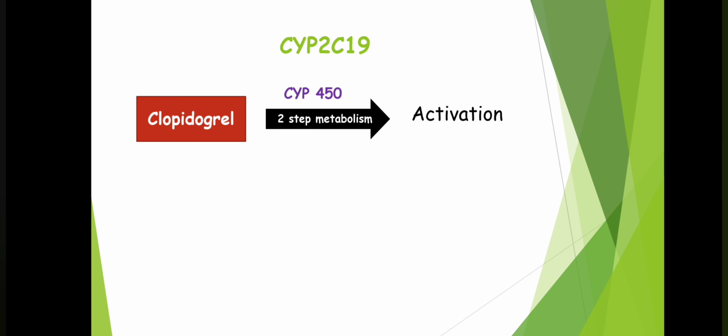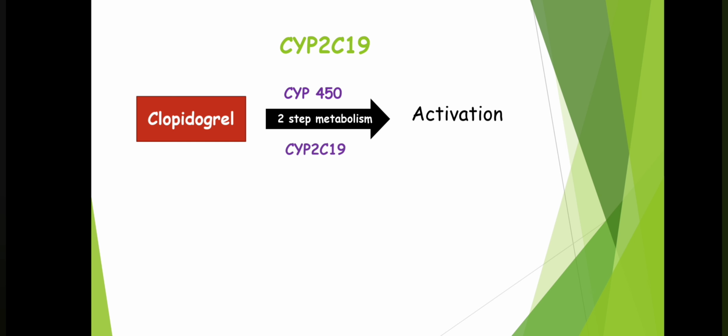Now, clopidogrel, we know it is an antiplatelet drug, and it is a prodrug, so we need to convert it into an active drug. For activation, clopidogrel requires a two-step metabolism with several different CYP450 enzymes, with CYP2C19 being a significant contributor.